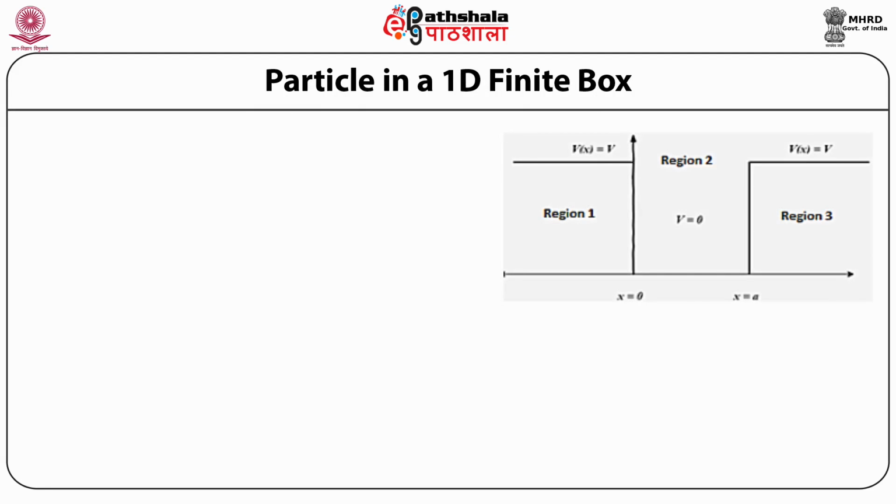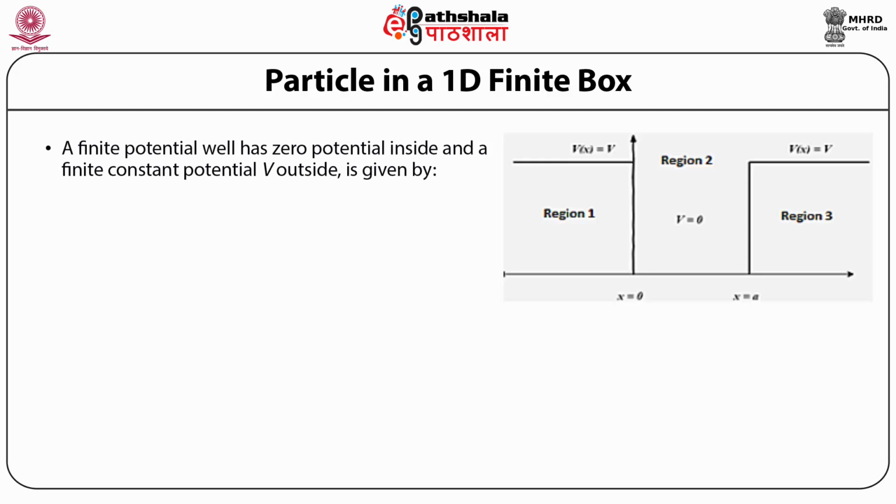Particle in a one-dimensional finite box. So students, from quantum mechanics we know that as the potential is zero inside a box, the solutions in the box region will be wave-like, and in the barrier region the solution will be exponentially decaying.